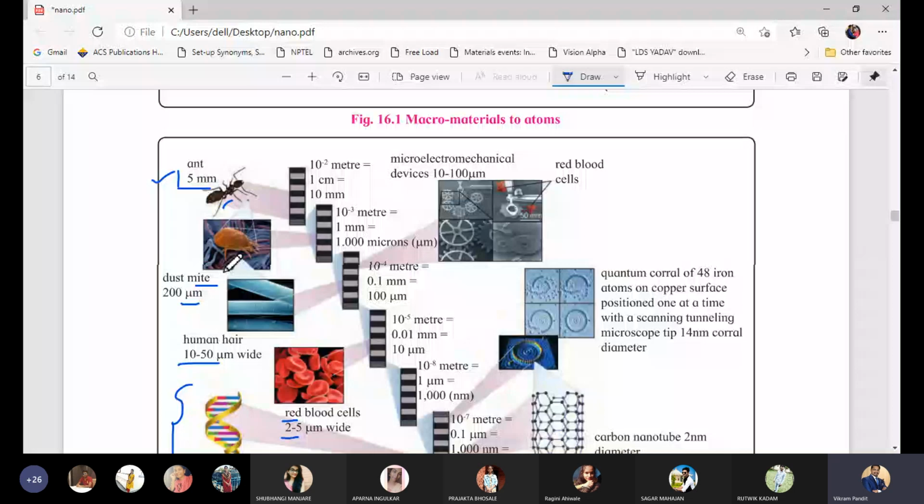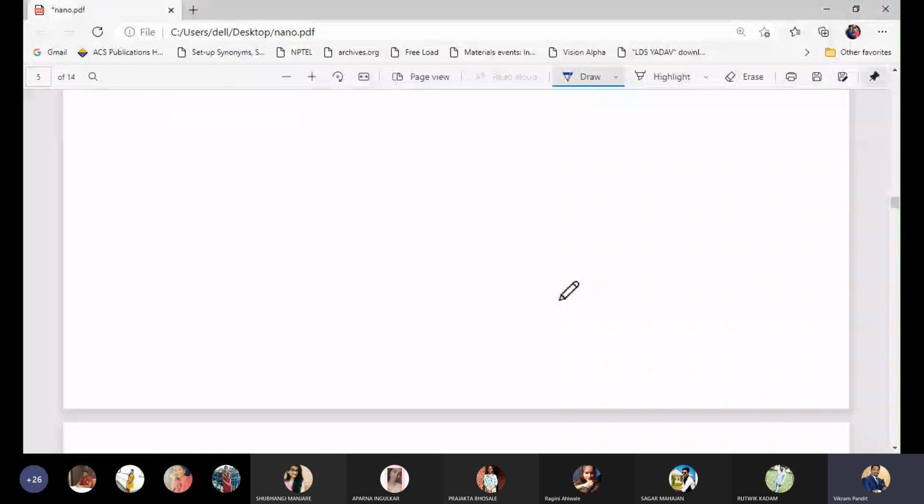So what is nanoscience? Nanoscience is the study of phenomena of a material at atomic or molecular scale. When we talk about a nanoparticle, let us consider there is one particle and this is the nanoparticle.